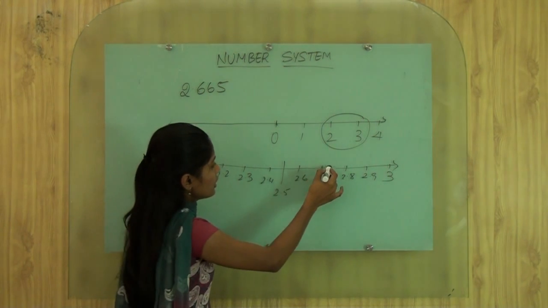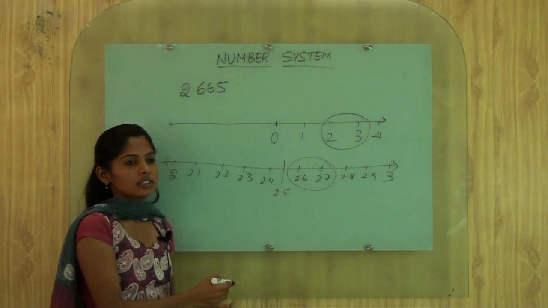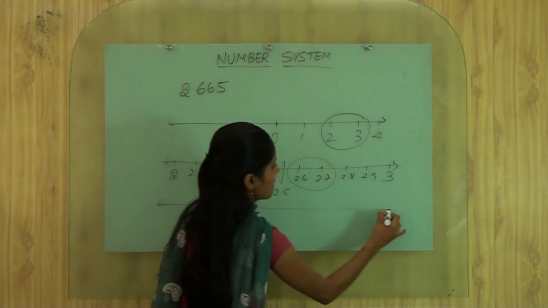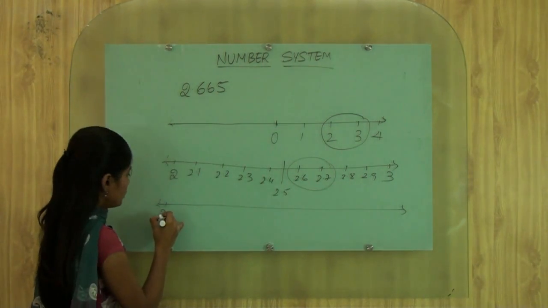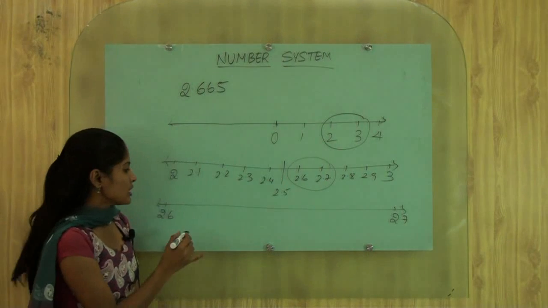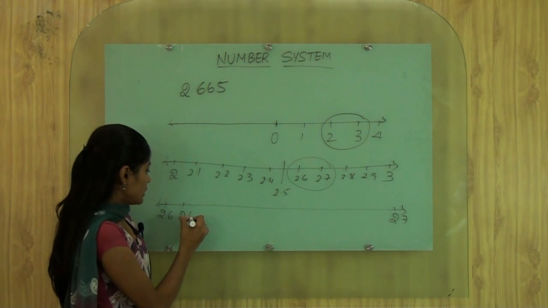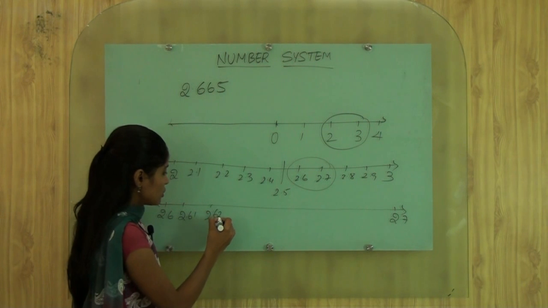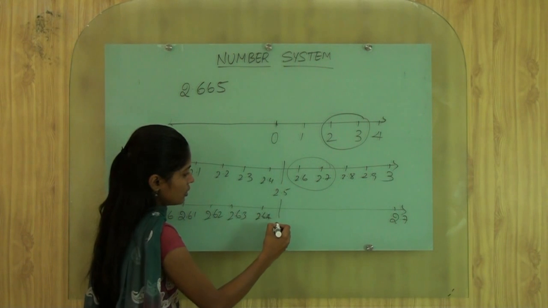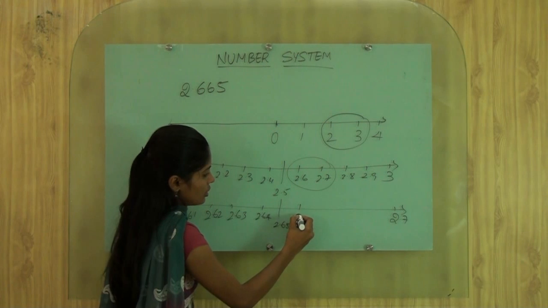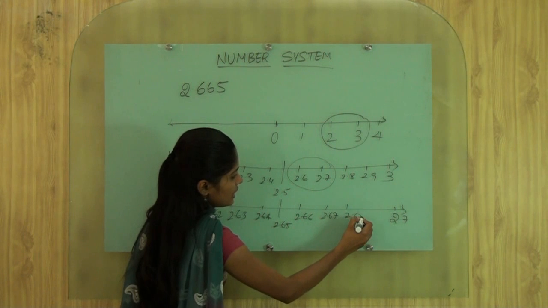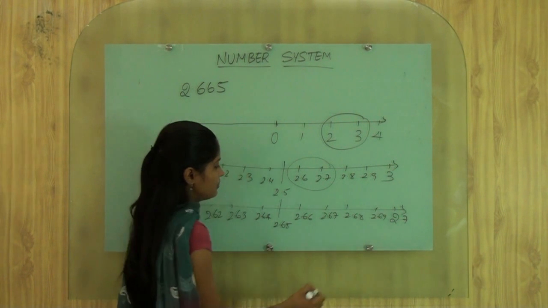Of course, then magnify this part again between 2.6 and 2.7. Draw one more number line, 2.6, 2.7, which can be divided as 2.61, 2.62, 2.63, 2.64, 2.65, 2.66, 2.67, 2.68, 2.69.